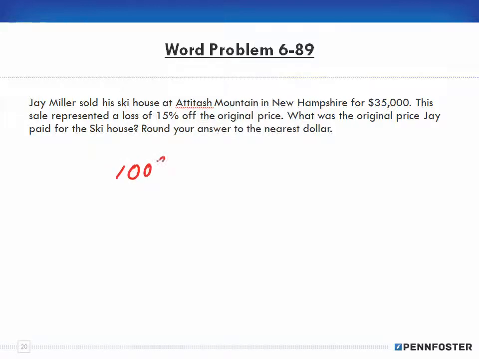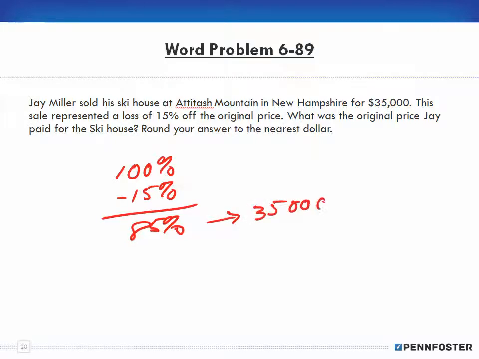So I had 100% and he's losing 15%. That means he ends up getting 85%, and that 85% equates to the $35,000. Okay. So it's asking what was the original price Jay paid for the ski house. So we want to know the original price.